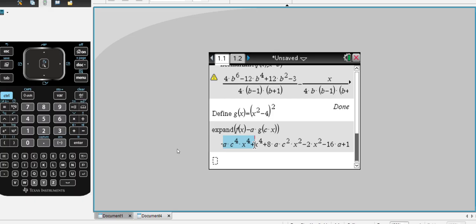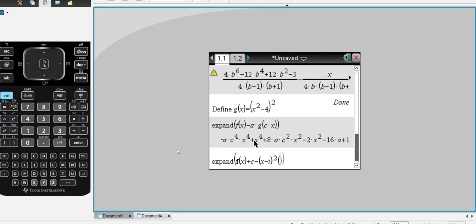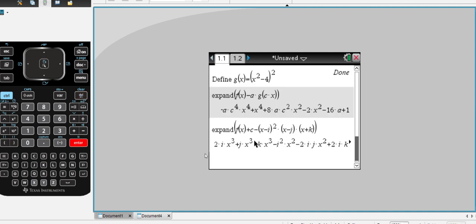So let's do that. Expand f of x plus c minus x minus i squared times x minus j times x plus k, and we get this. And once again, the coefficients of x cubed, x squared, x, and the constant term all have to equal 0.